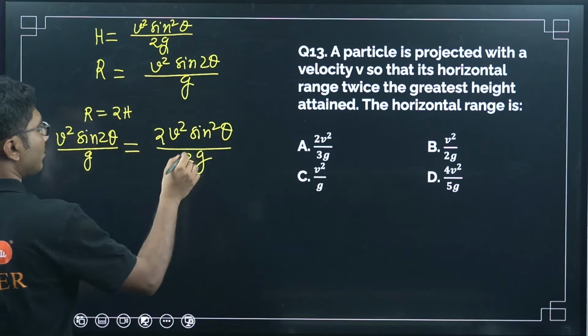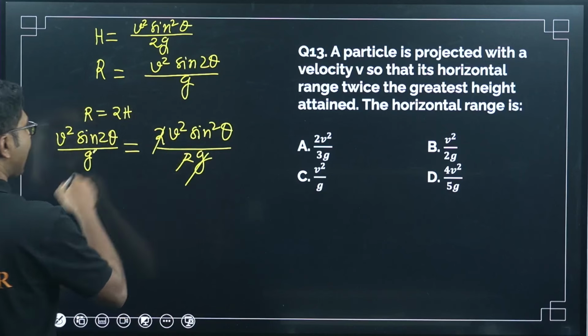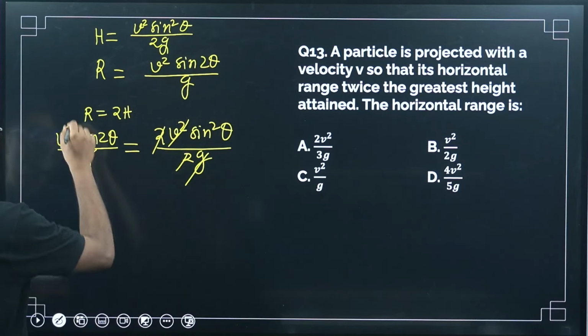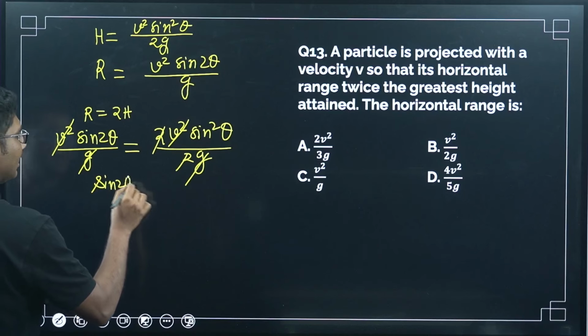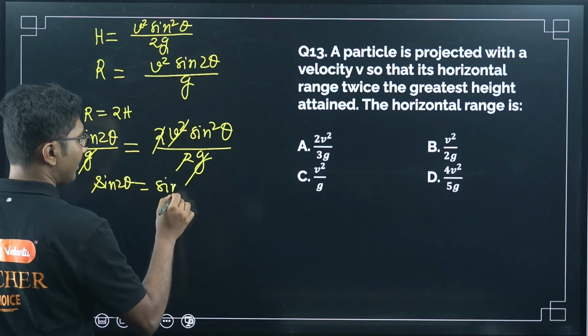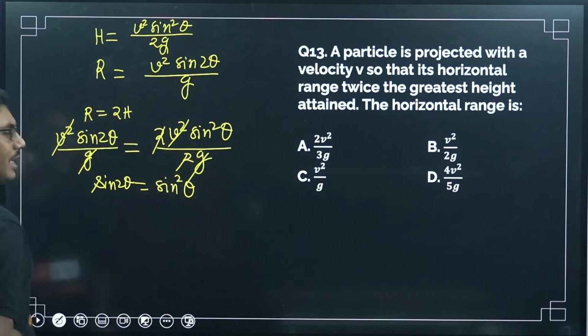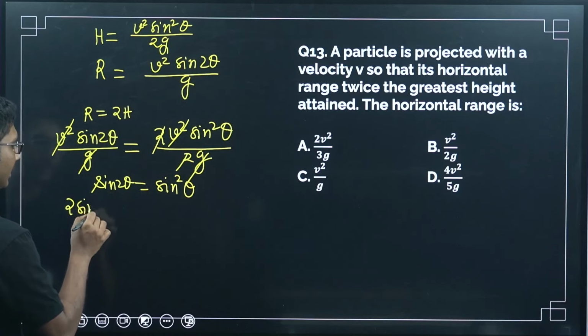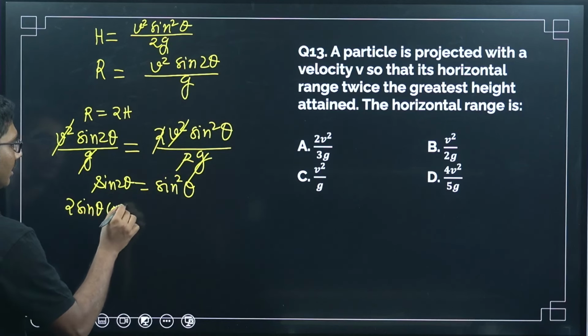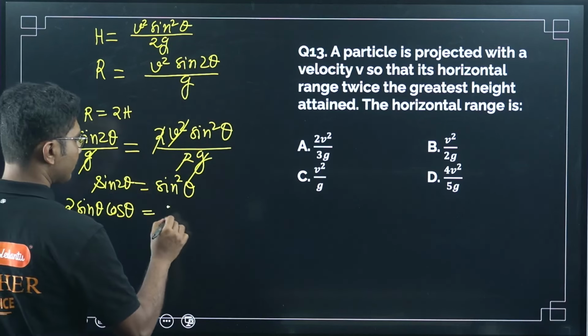So 2 cancels, g cancels, v square cancels, so we get sine 2 theta equals sine square theta. Now what is sine 2 theta? Sine 2 theta is nothing but 2 sine theta cos theta, equals sine square theta.